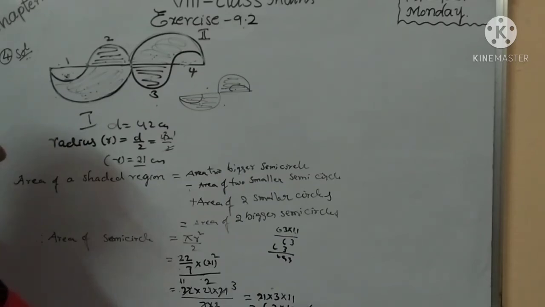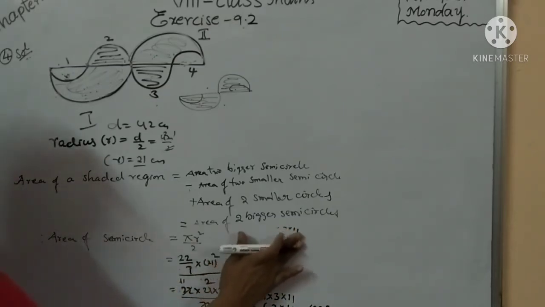So write 693 square centimeters. That is the area of a semicircle.